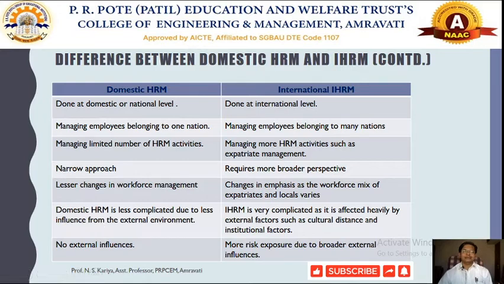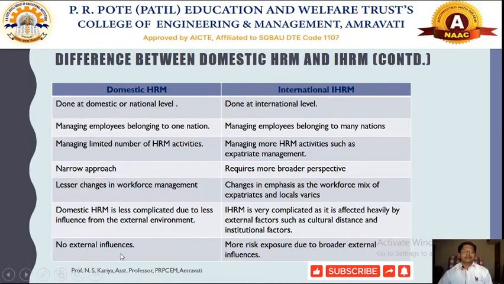Domestic HRM is less complicated due to less influence from the external environment. Domestically, we do not implement a lot of changes, as the domestic business environment does not change rapidly. Whenever a firm operates internationally, it experiences lots of changes in socio-cultural differences between the employees, and it needs to manage these socio-cultural distances and other institutional factors very well by managing its IHRM-related activities across the international level.